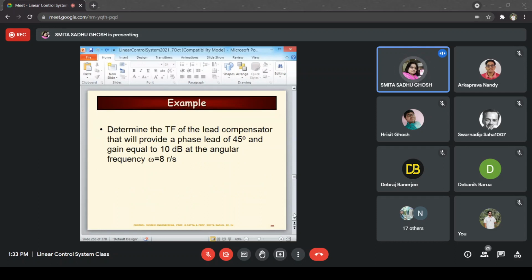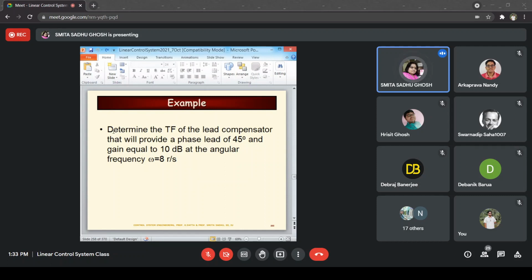So we will do one particular direct problem. Direct problem means that given the values of phase lead and gain, we would be designing a compensator. So let me read out this question first. I will be requesting you to work it out in your exercise books parallelly with me.